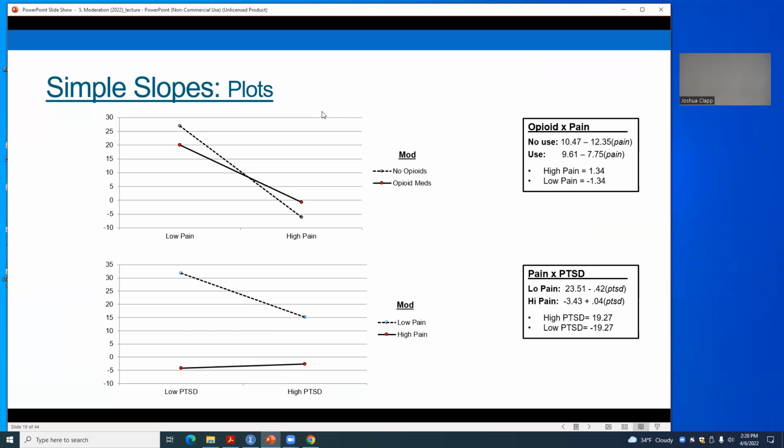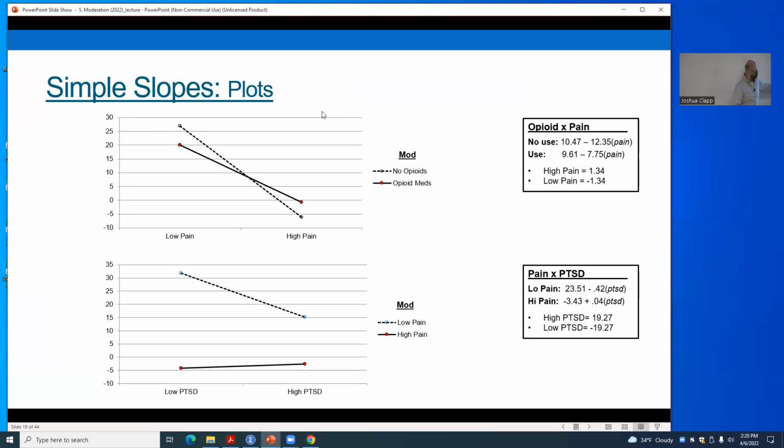Here we're seeing the interaction of pain and function, with a stronger association for individuals who aren't using it than for those who are. And this kind of makes sense, right? If we've got pain medications that are supposed to be helping people get by, we would expect pain to be more strongly linked to functioning if I'm not using pain medications. Less linked, still linked, but less linked for those individuals using medications.